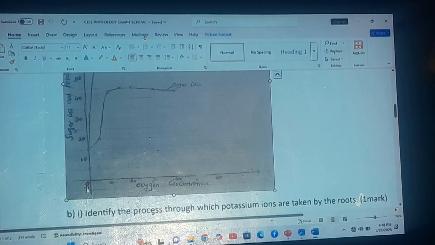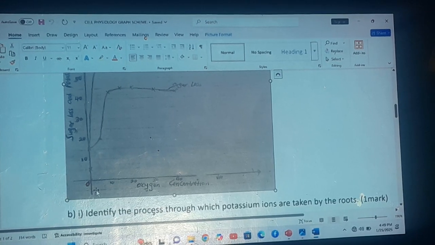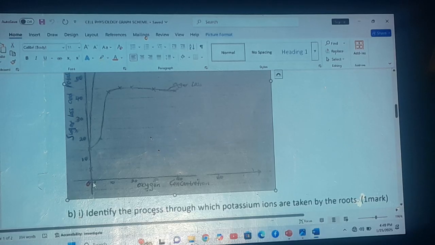Can you check the origin? The origin is the most important part of a graph. This 0 should not touch any of these lines. When it touches any of these lines, it means one of the axes will be missing an origin. So this is the origin, and it's a shared origin.